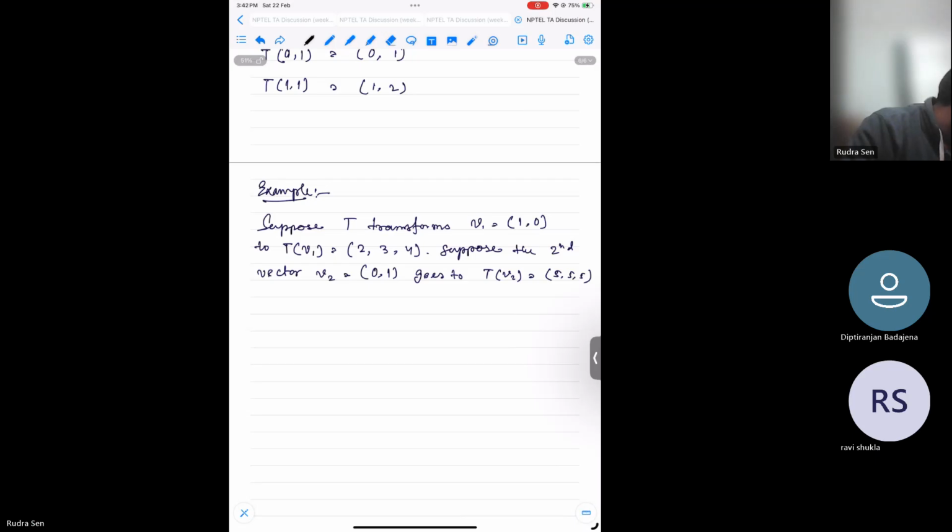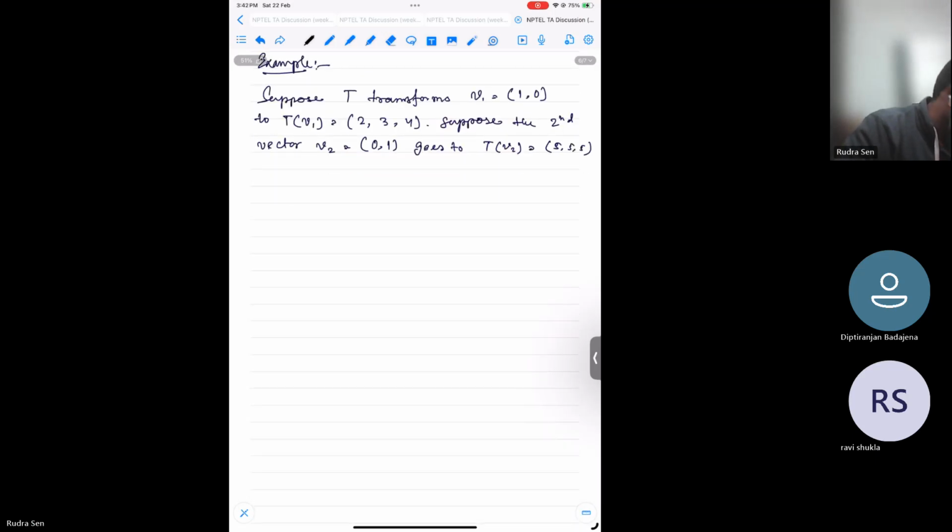Okay. So then what is the matrix A? That means there is some matrix which is multiplied with V1 and V2 and gives TV1 and TV2. What is the matrix, and whether this is a linear transformation or not, we will see.